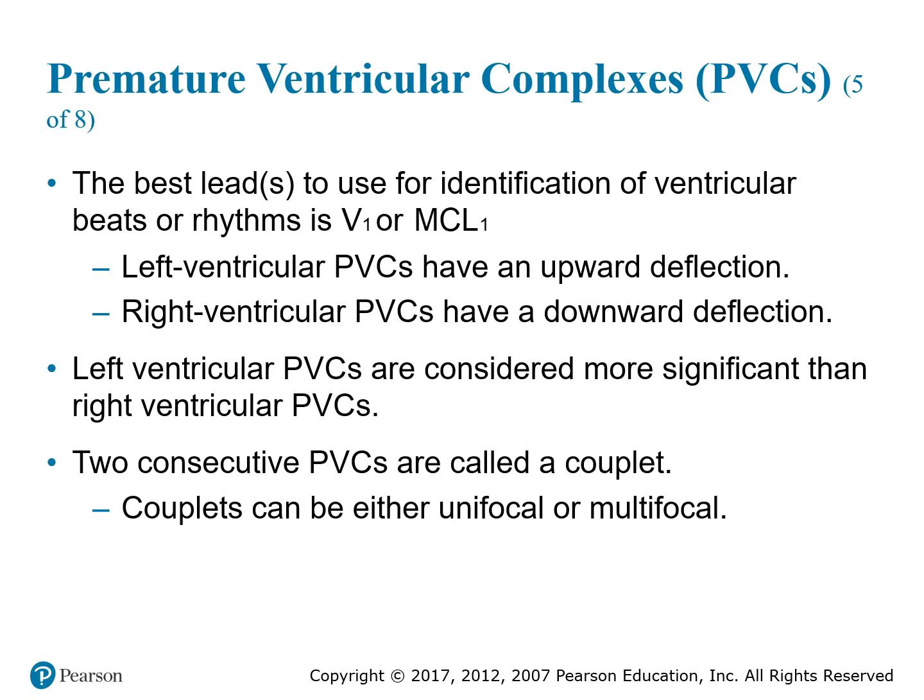Two consecutive PVCs are called a couplet. Couplets are also referred to as two in a row or back-to-back PVCs. The appearance of couplets indicates the ventricular ectopic site is very irritable. Couplets can either be unifocal or multifocal in how they appear on a rhythm.